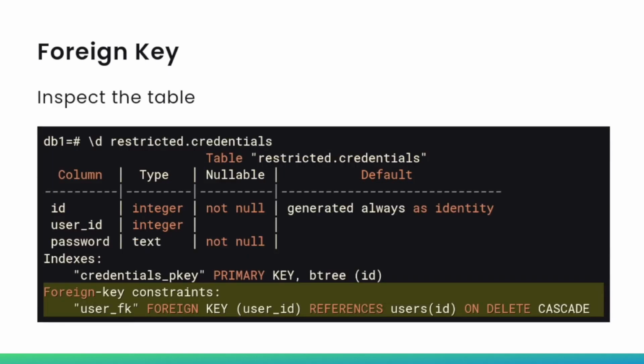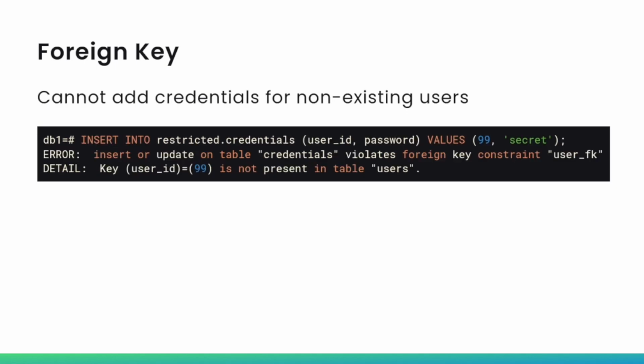So let's describe the credentials table, and we can see a new section added called foreign key constraints at the bottom. It's highlighted there. And we can see our user FK foreign key constraint, okay? Now, if we try to add credentials for user 99, this user does not exist, right? We get a foreign key constraint violation, which is exactly what we wanted. We can't add credentials for users that don't exist.